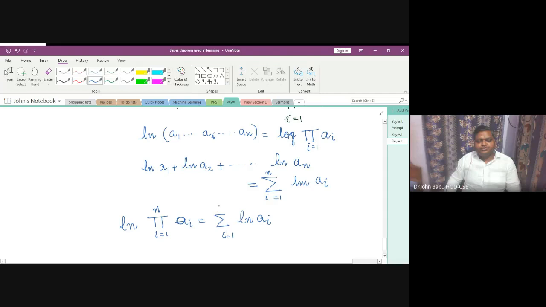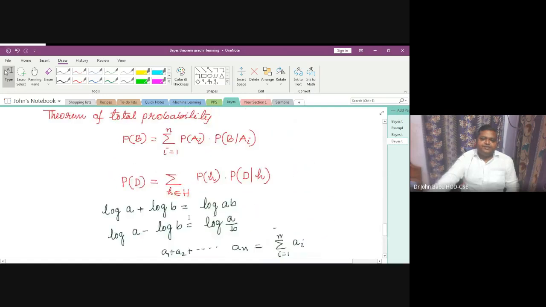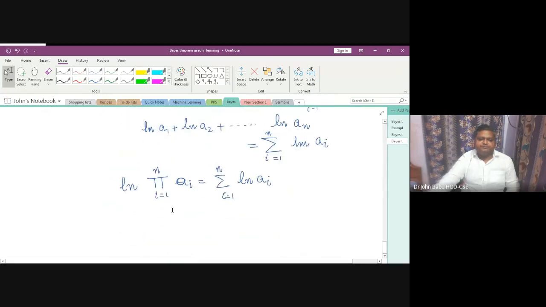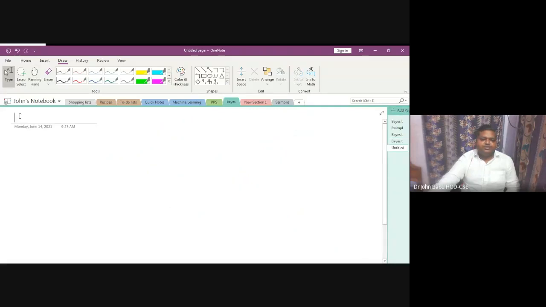So this is what you have to remember before we go to further problems. Is it clear? Logarithm of the product is equal to sigma of the logarithms, because logarithm of AB is equal to logarithm of A plus logarithm of B.